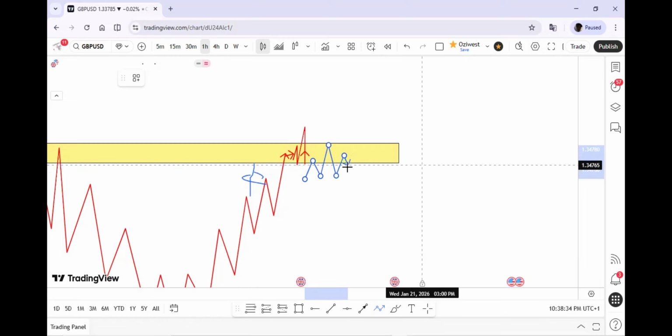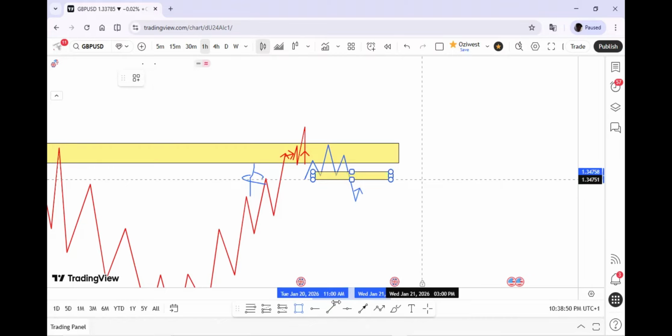We have our head and shoulders. Wait for price to break the neckline of that head and shoulder. Wait for price to start retracing for a retest of that level that was broken. Structure break to the downside right here.